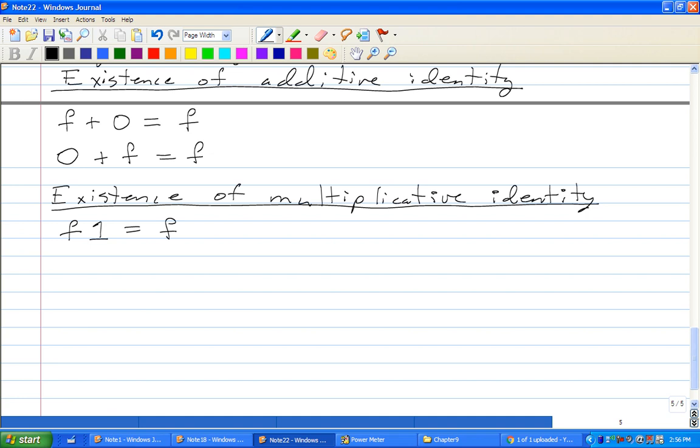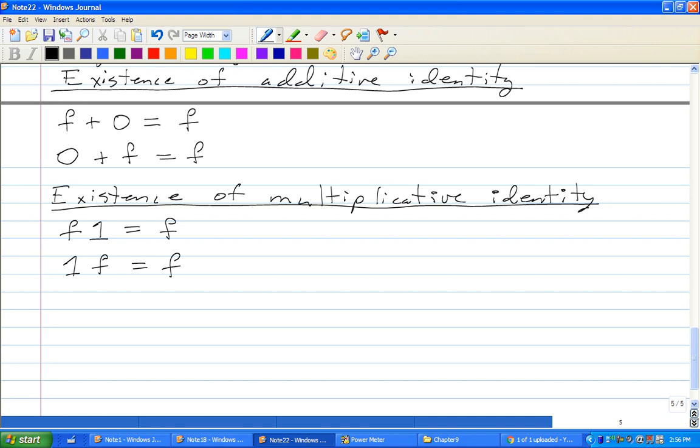And so this function, denoted by 1, is a right multiplicative identity. And by the commutativity property for multiplication, we also have that it is a left multiplicative identity. And so this is a multiplicative identity.